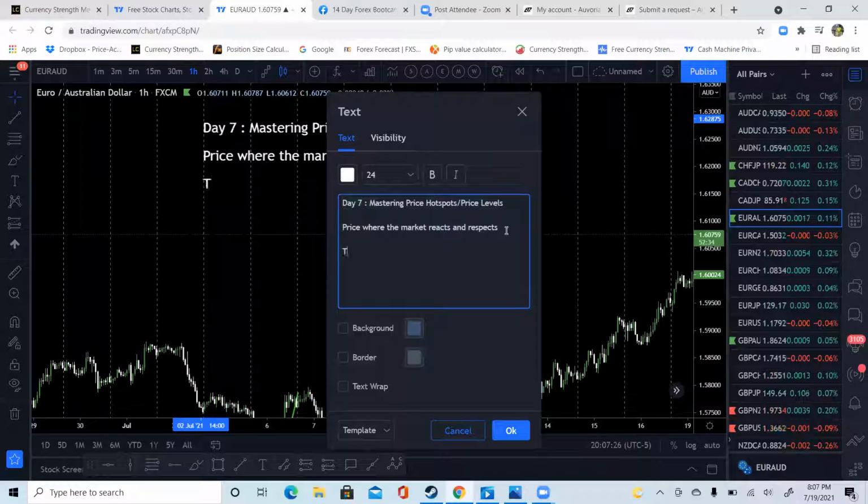So the bigger reaction from hitting the level, or the more price touches, or not necessarily touches, or is magnetized to that price.